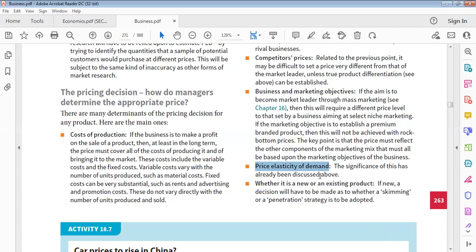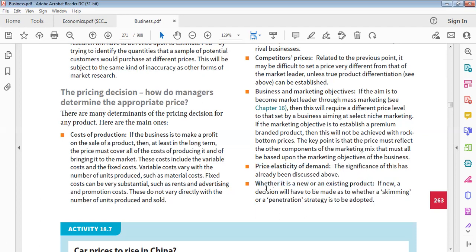That means there will not be a big response from the customers if you change the price. In that case, maybe you can charge a high price. But you cannot do that if you think that the demand for your product is elastic. So you have to be careful about this when you choose your price.